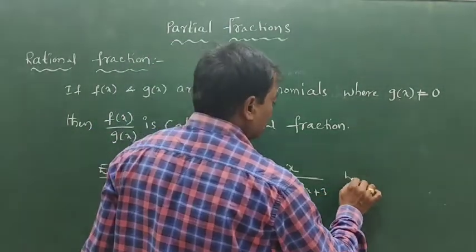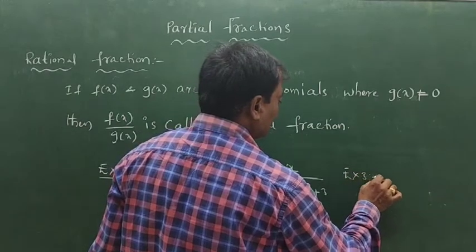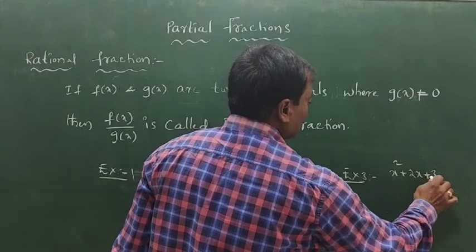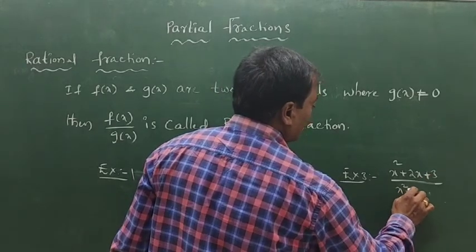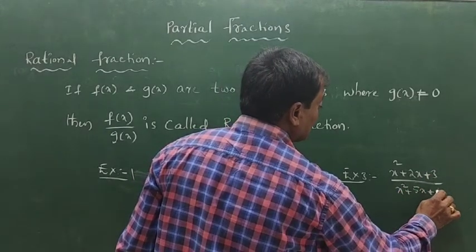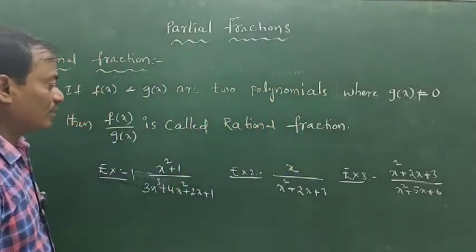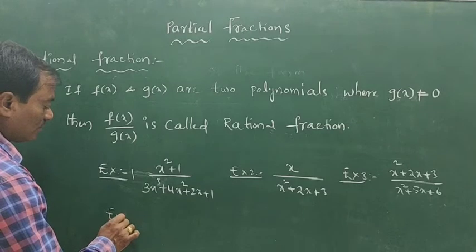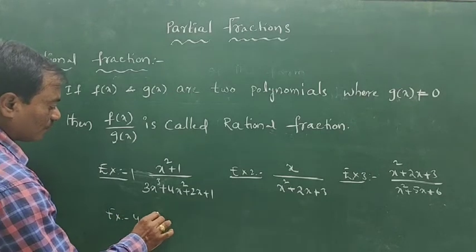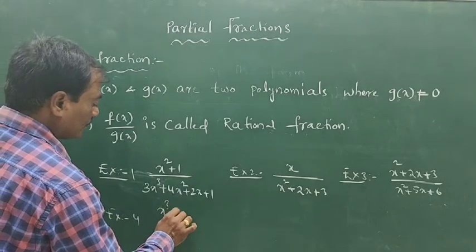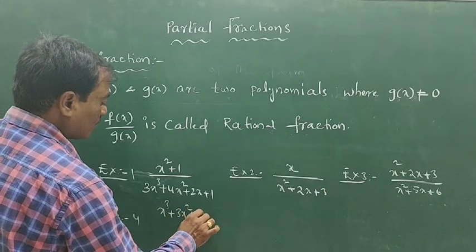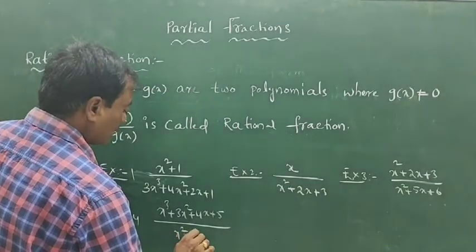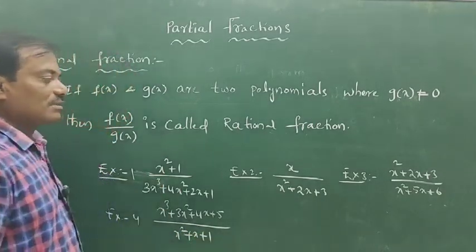Example 3: x square plus 2x plus 3 by x square plus 5x plus 6. And one more example, Example 4: x cube plus 3x square plus 4x plus 5 by x square plus x plus 1. These are the examples.